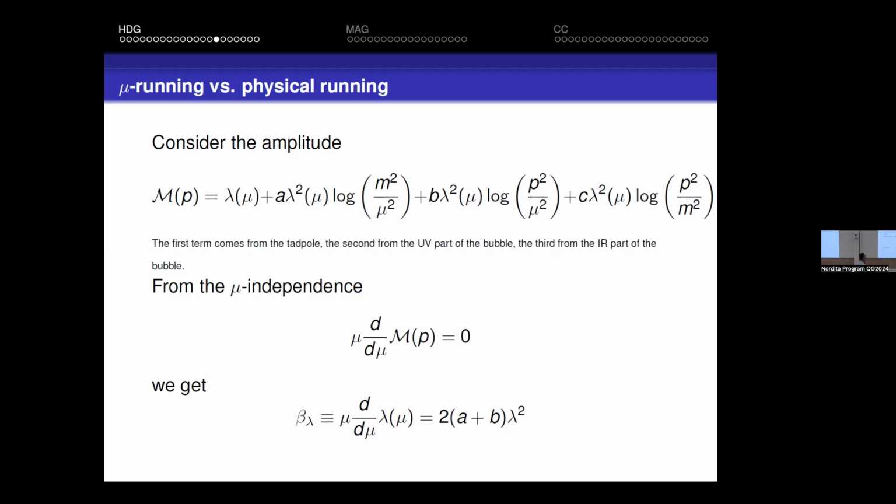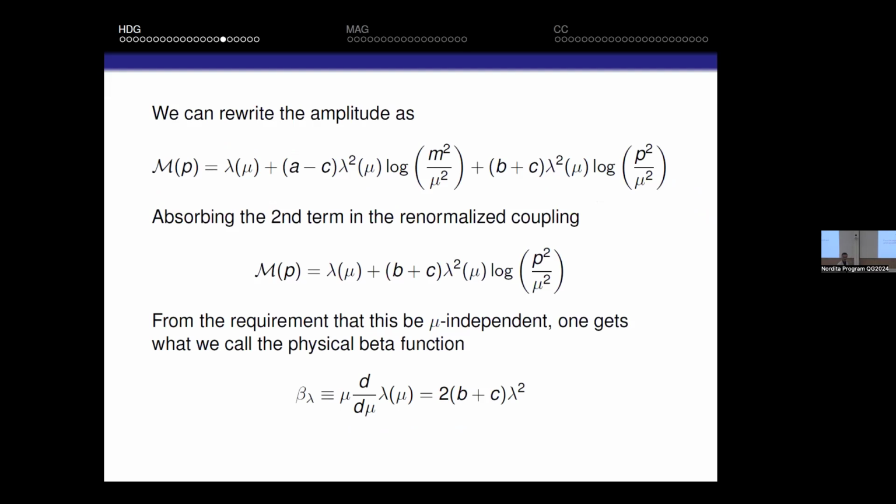On the other hand, there is a term here that is momentum dependent, but it doesn't depend on mu, and so it is not captured by the mu dependence. So there's a difference between what we call the mu running and what is actually the momentum dependence of the amplitude, which is contained in these two logarithms. So, yeah, mu is unphysical. I agree.